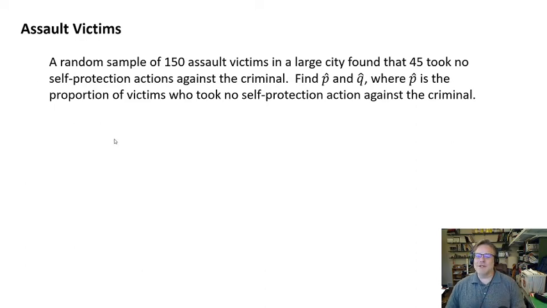Proportions of victims who took no self-protection action against the criminal. Okay, well, what's our best estimate of that? We sampled 150 people, and of them, 45 took no self-protection against the criminal. So it's 45 out of 150, or 0.3.